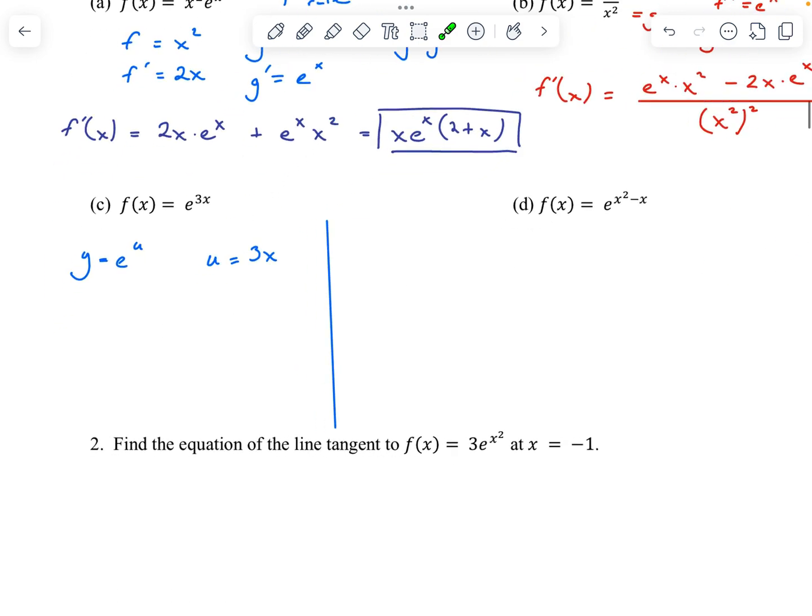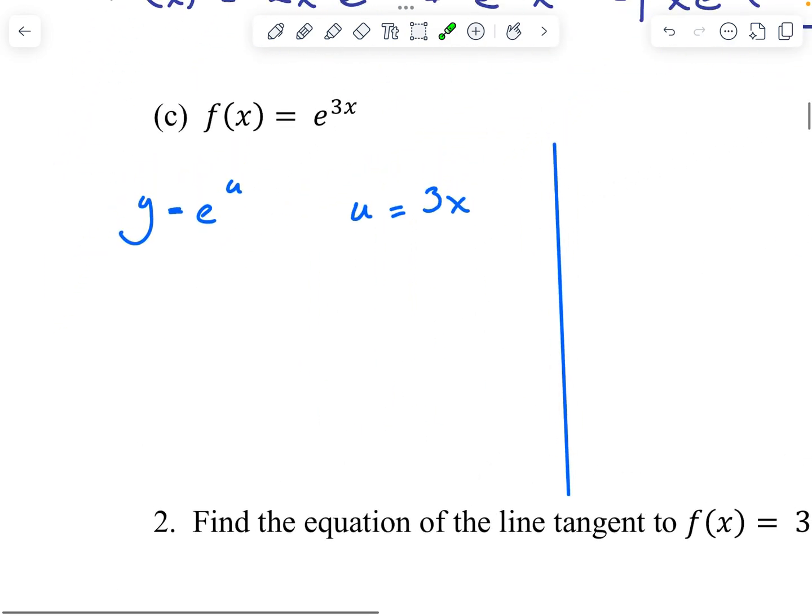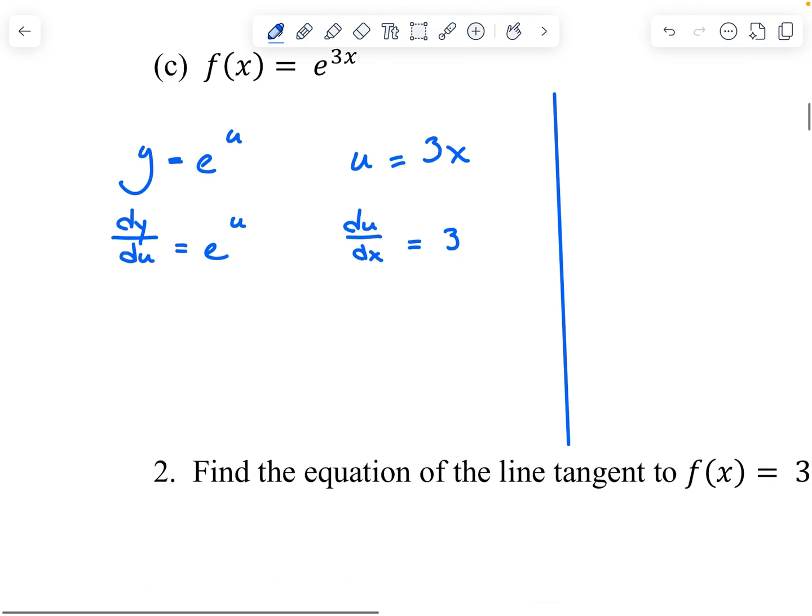So question C here. If I was going to go through all the steps, I would replace this 3x with u. u is 3x. If I take the derivative of this first function, I get dy by du, and it's its own derivative. And if I take the derivative of the second thing, that's 3, and then I multiply those things.